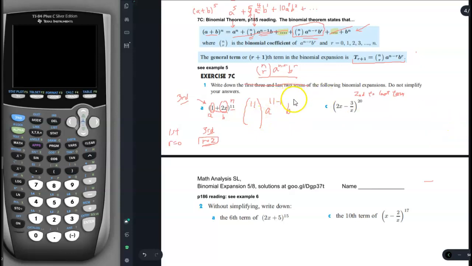And then I'm going to put 2, 2. And then I'm going to change the a's to 1. And then I'm going to change the b's to 2x. And I'm careful to use parentheses.